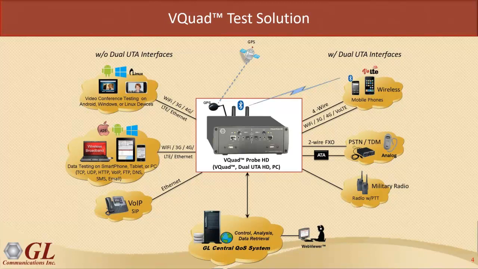We've adapted it to interface with mobile radios, public safety and military radios, as well as traditional VoIP or SIP desktop type phones. It can interface basically between the handset and the phone, again testing the user's experience.